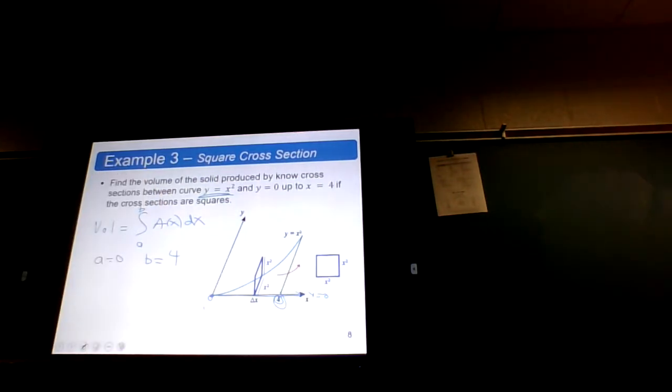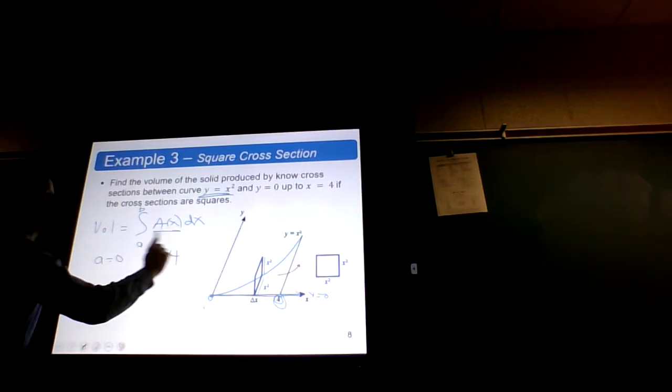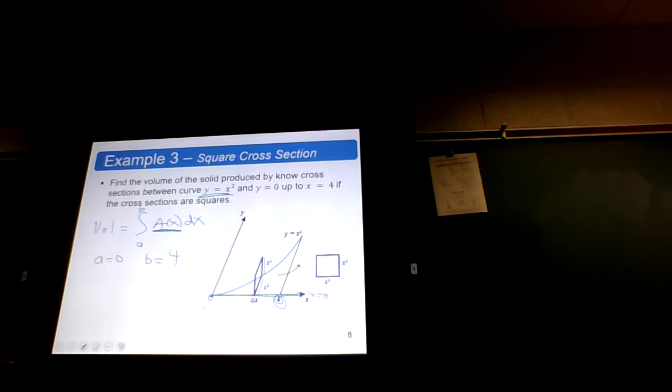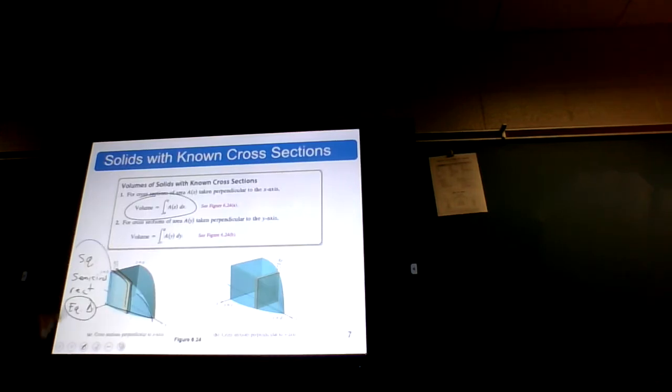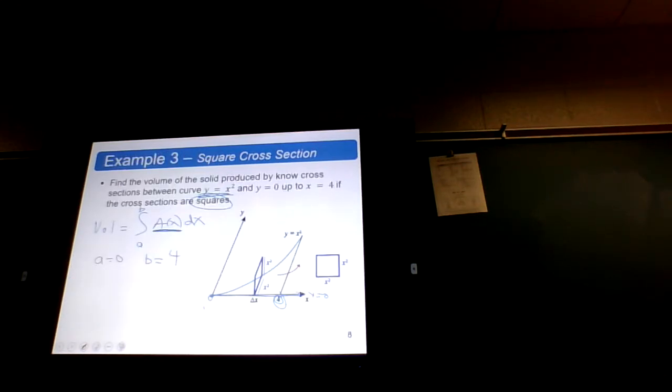That's it. The hardest part on these is figuring out what to put into this area function, which is based on whatever the known cross-section shape is. Like I said in the previous slide, it can be all kinds of different things. In this particular case, I have selected squares. So each shape is a square, and there are infinitely many of them.